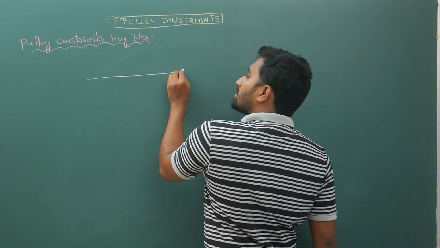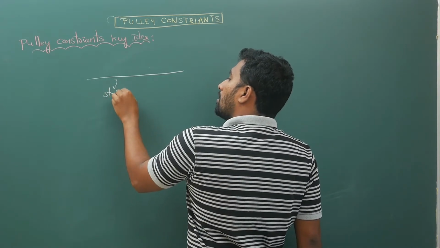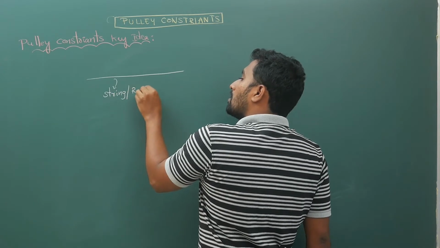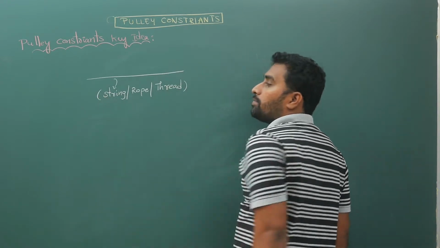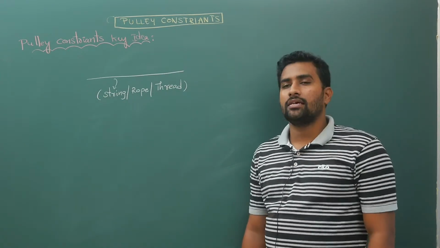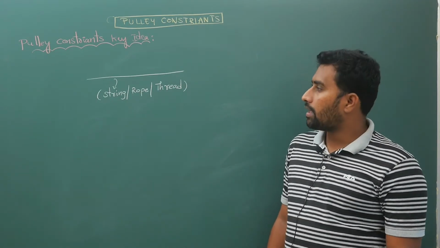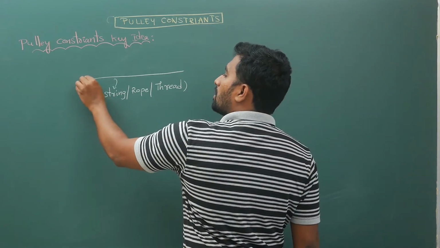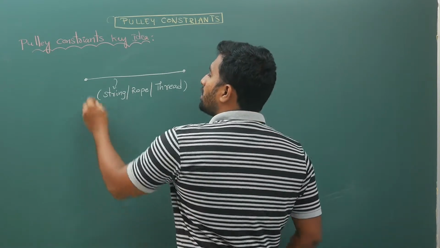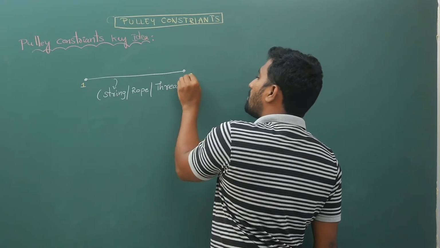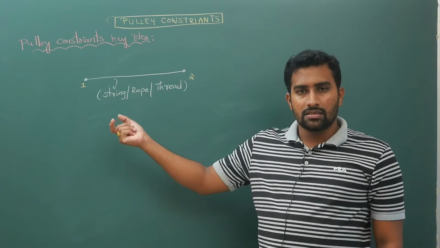a string like this, a string or rope or thread. If you have a string or rope or thread like this, let me show you what it will have. If I take some point 1 here and some point 2 here, I am taking two points on a string.